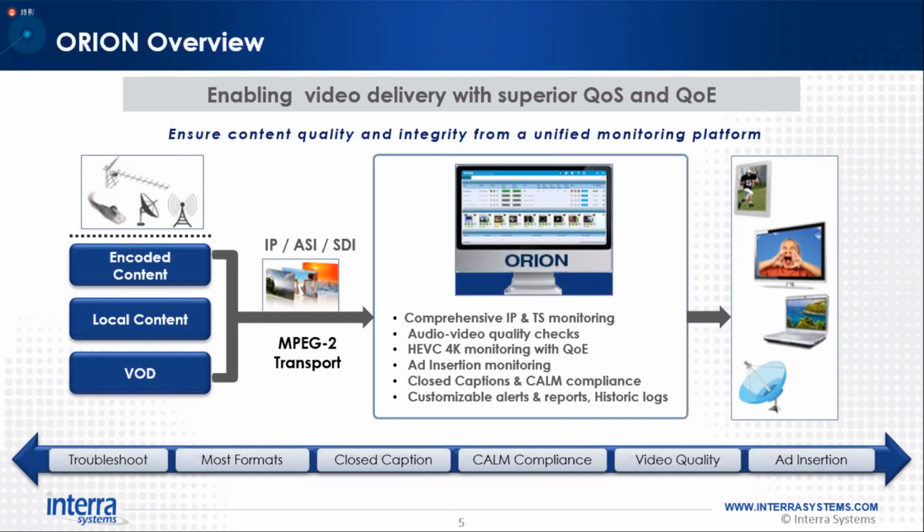That includes your priority checks, your network jitter, and other errors. It also performs audio video quality checks on your content. So if you have problems in your content like black frames, frozen frames, audio that is too loud, or audio silence in your streams, those can be monitored and reported accordingly.